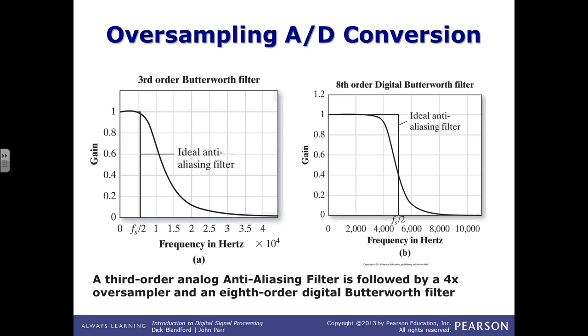Then we would digitize at a very high sampling rate and use a very strong anti-aliasing digital filter like the one shown on the right here, and combine their filtering abilities to make sure that we don't have aliasing and don't pass noise into our sample data system.